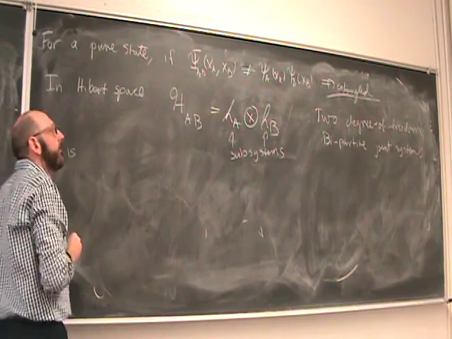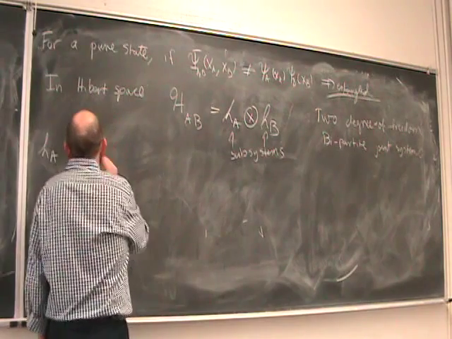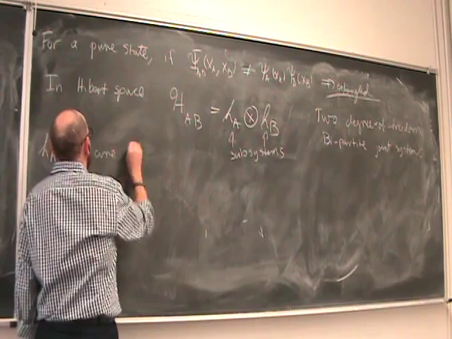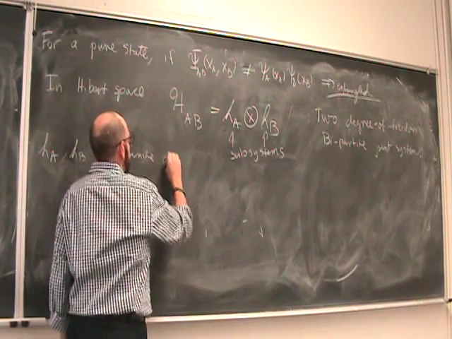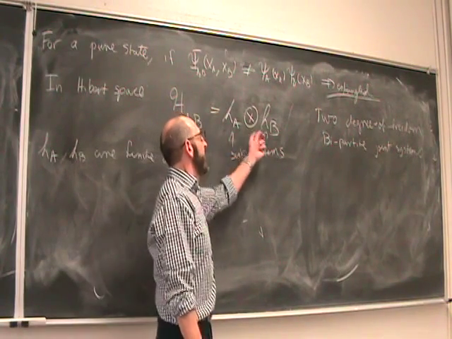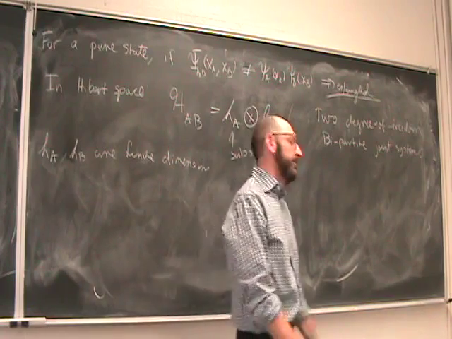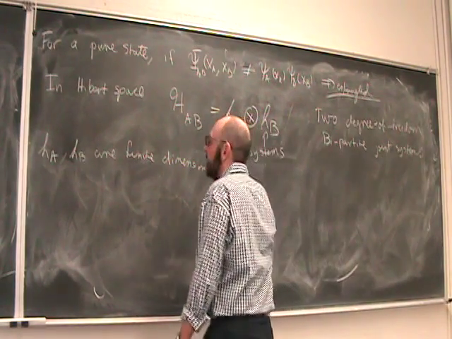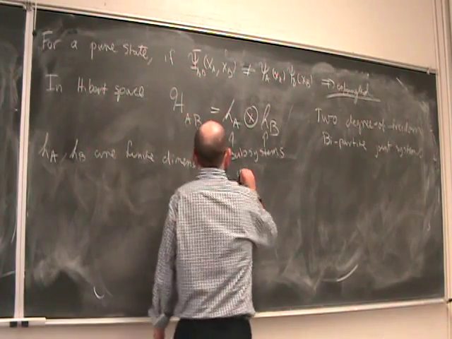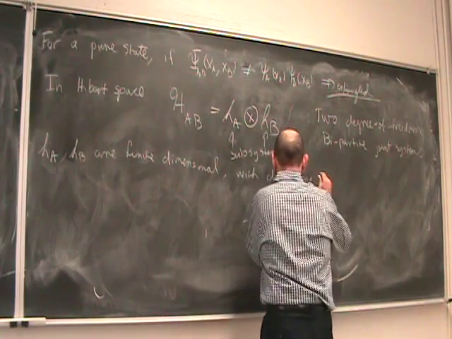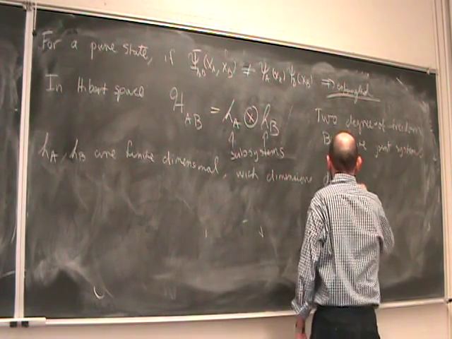to start, although we can generalize quickly, we'll say that HA and HB are finite dimensional. So that might be the case, for example, of the nuclear and electron spin of an atom. And let's say the dimensions are dA and dB.